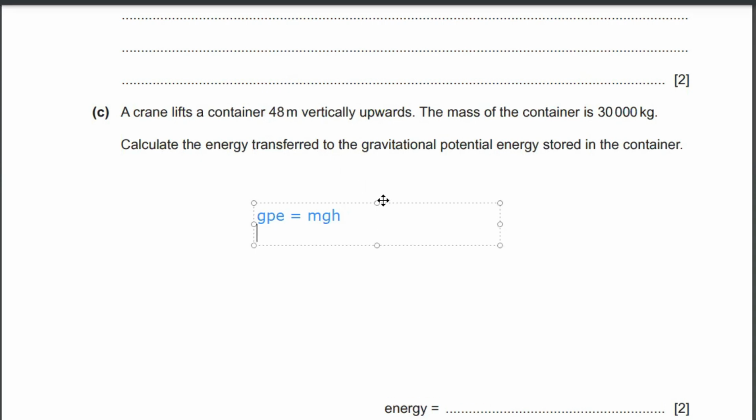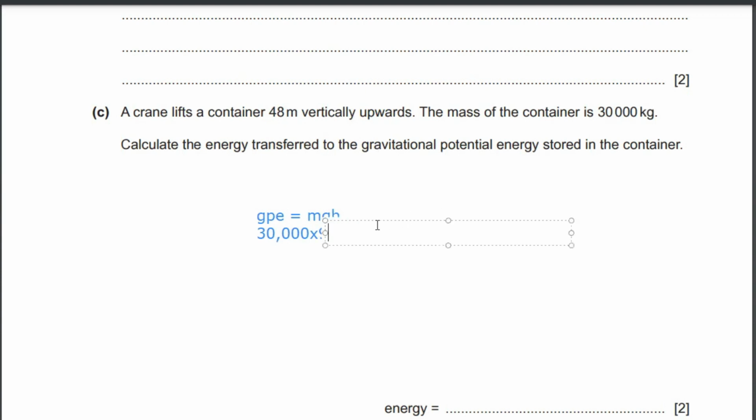So we know the mass, which is 30,000 kilograms. We will multiply it by 9.8 because that's the acceleration due to gravity on Earth, or the gravitational field strength of Earth, and the height is 48 meters. Now the units have to be precise because we are working in SI units. The unit for height is meters, so we don't have to change that. The unit for mass is kilograms, so we also don't have to change it.